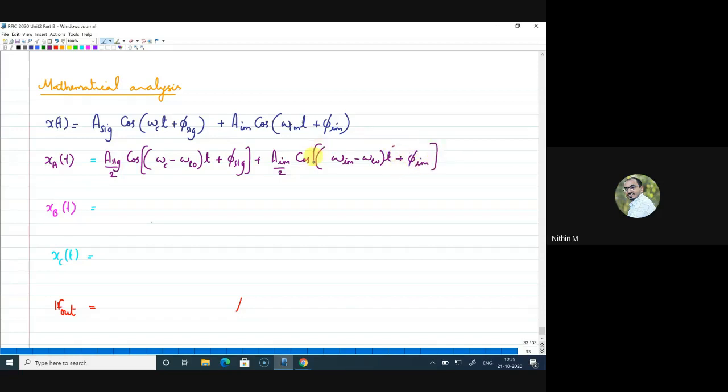Since it is low side injection for signal, I'm writing it as omega c minus omega LO.